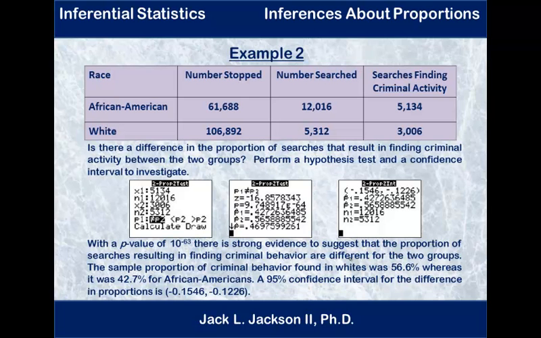So this is another type of test that's very commonly used and pretty straightforward if we use the built-in 2 proportion z test and the 2 proportion z interval in our calculator.